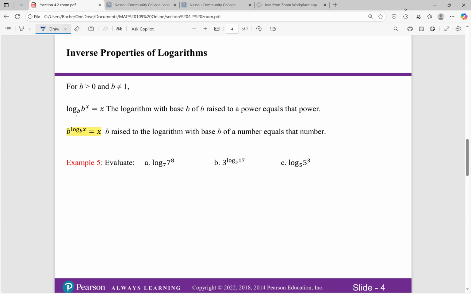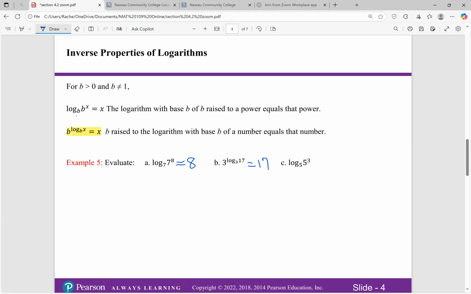So let's practice. Let's look at example 5. So A, we have log base 7 of 7 to the 8th power. So this is just going to be equal to 8. Because 7 to the 8th equals 7 to the 8th. B, we have 3 to the log base 3 of 17. This is going to be equal to 17.